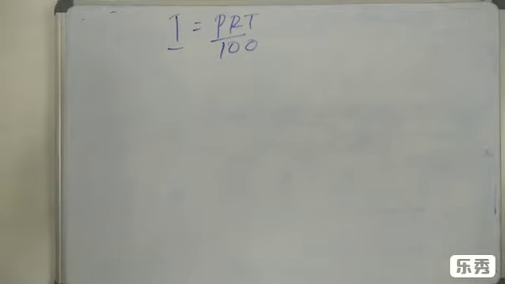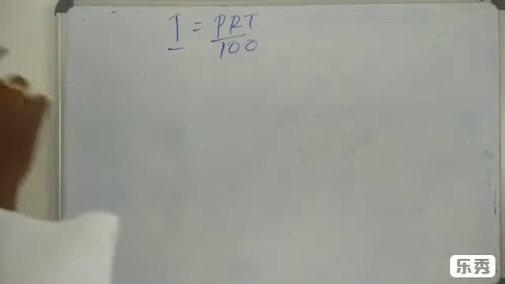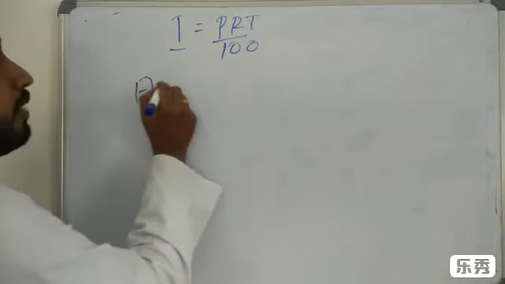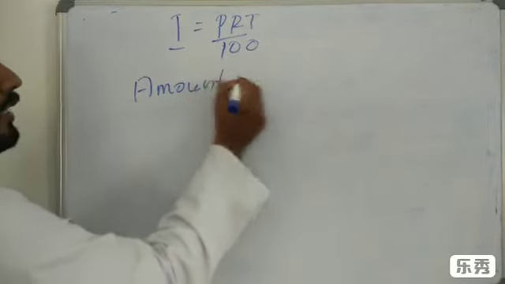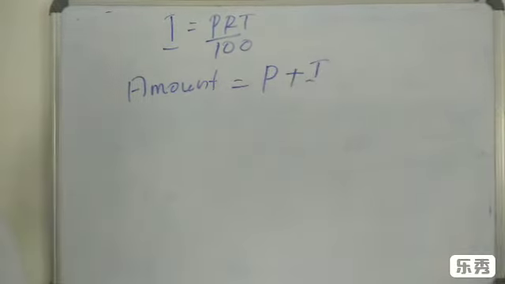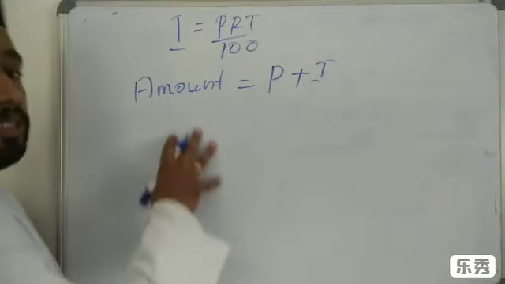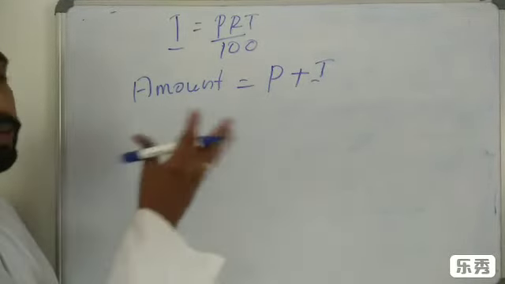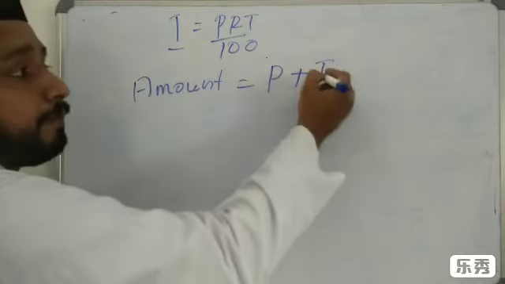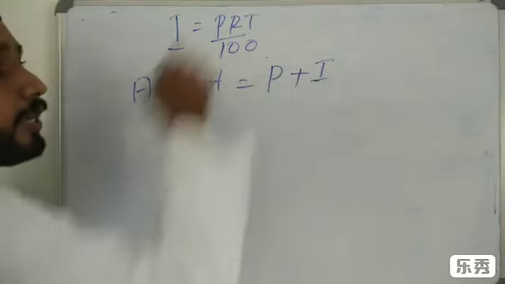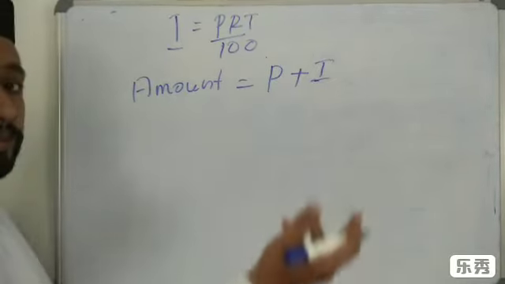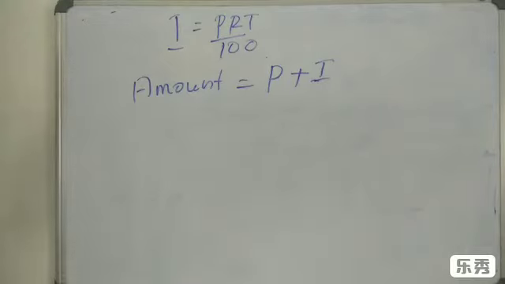After borrowing money, when we give back with the interest, what amount do we have to pay? The formula for finding amount is principal plus interest. So the amount after 2 or 3 years that we have to give back is principal plus I, where I is PRT by 100. That is the total amount we have to give back or will get after a certain period.